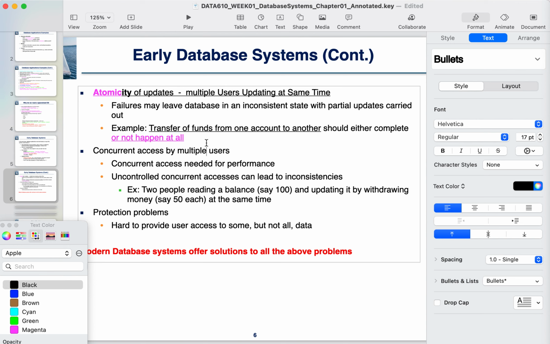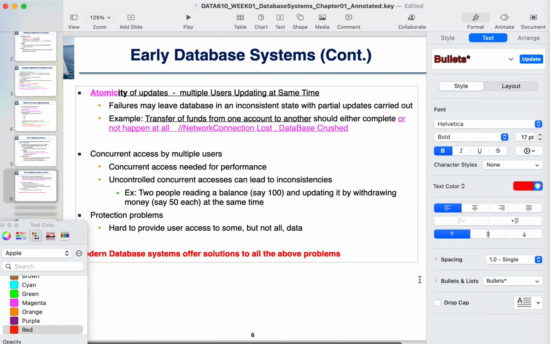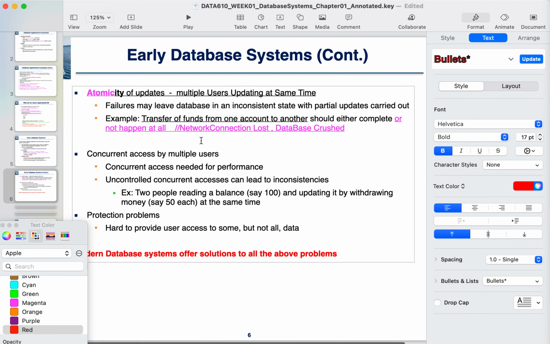So if we are transferring some money from one bank account to another and some failure happened, the network connection was lost, the database crashed, or something like that, then this transaction is completely abandoned.